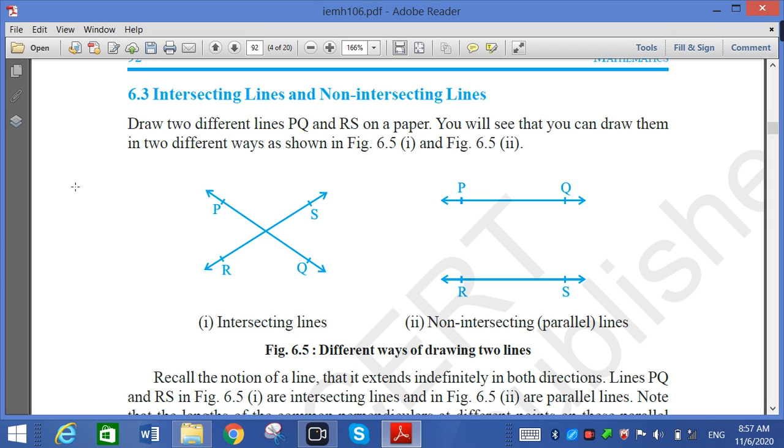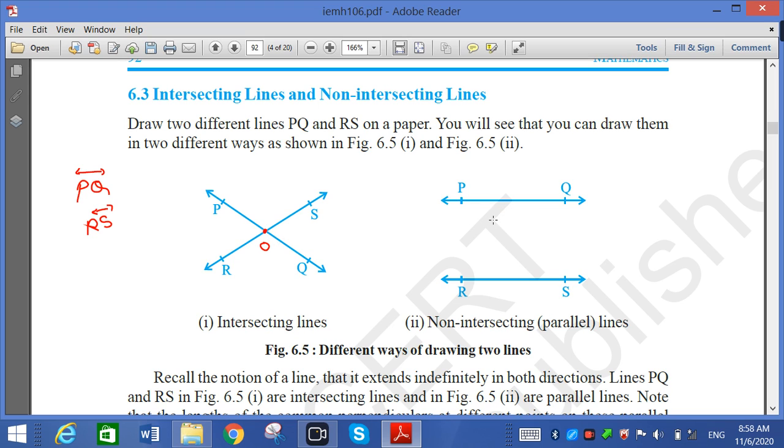We can name a line by symbol, PQ and RS, or say line PQ and line RS. These are intersecting lines, and they meet at some point O.